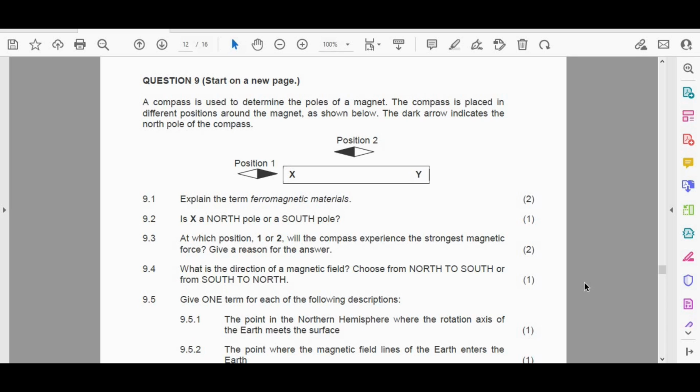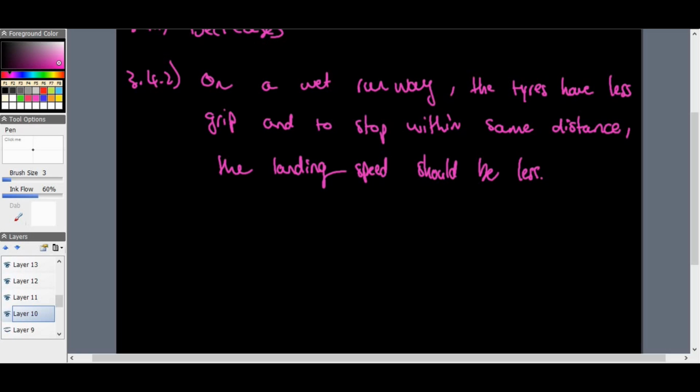9.1, explain the term ferromagnetic materials. Okay, so it's question 9, so I need a new color.